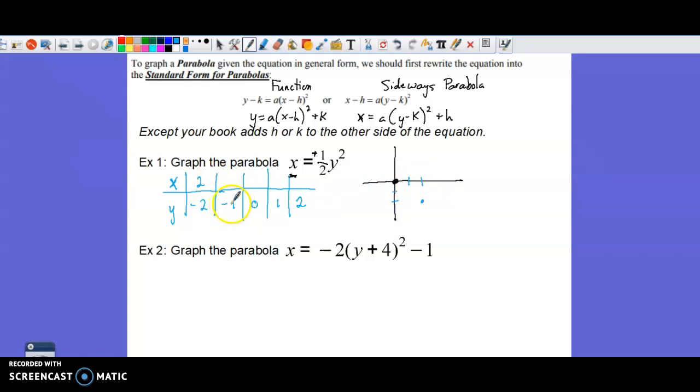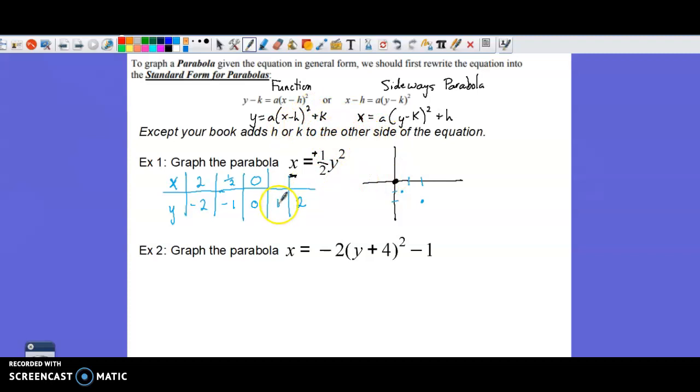Now, if we plugged in -1 for y, squared is +1, and half of +1 is 1/2. So at x is 1/2, y goes down to -1. If I were to plug in 0, well, 0 is pretty easy. 0 squared is still 0. Half of 0 is still 0. I already had that point written down, and that's based off of not shifting right or left or up or down.